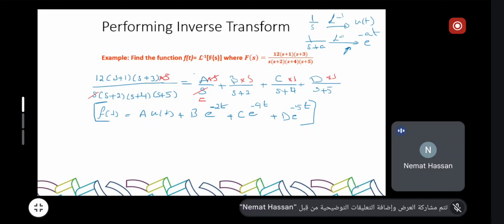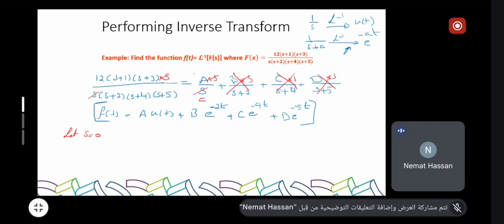And then the next step is that the equation should be true for any given value of S. So I'm going to select the one value of S that will help me get rid of 3 of the 4 unknowns. So let S equal 0. What will happen is that this term will be 0, this term will be 0, and this term will also be 0.